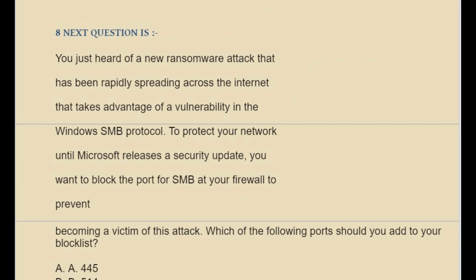Question is you just heard of a new ransomware attack that has been rapidly spreading across the internet that takes advantage of a vulnerability in the Windows SMB protocol. To protect your network until Microsoft releases a security update, you want to block the port for SMB at your firewall to prevent becoming a victim of this attack.